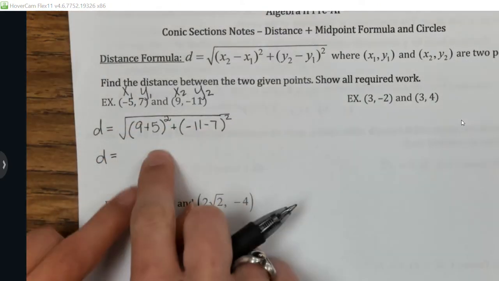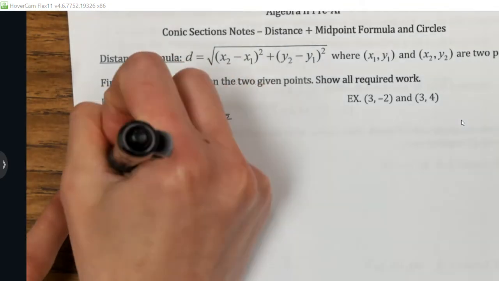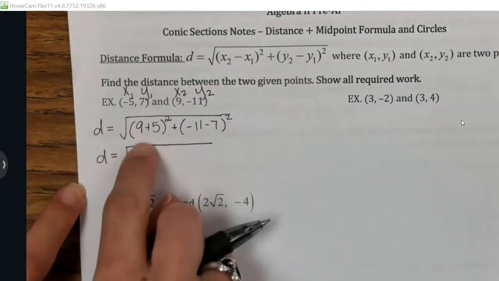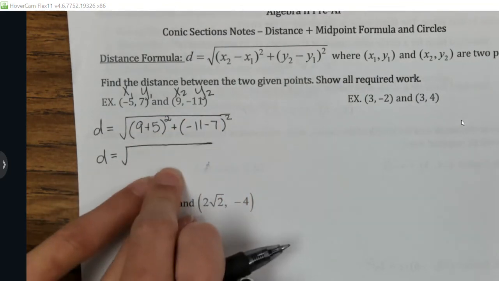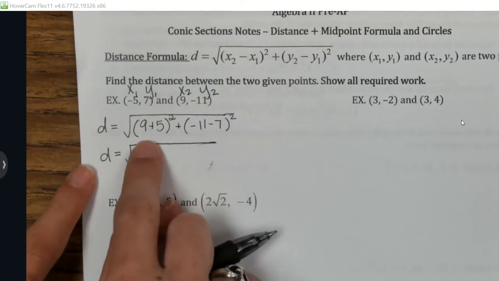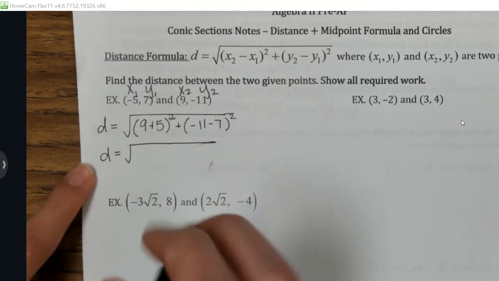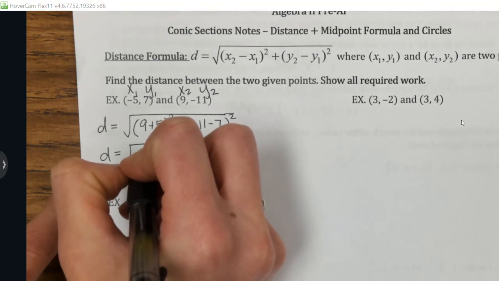Okay. Now, I know you could type that whole thing in your calculator. We are going to simplify 9 plus 5 squared, negative 11 minus 7 squared, put that there, and then get it all together. Okay? So, 9 plus 5 squared is going to give me what? 14 squared, which is 196.